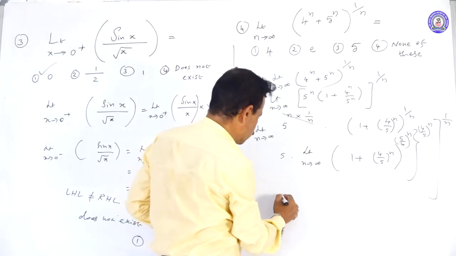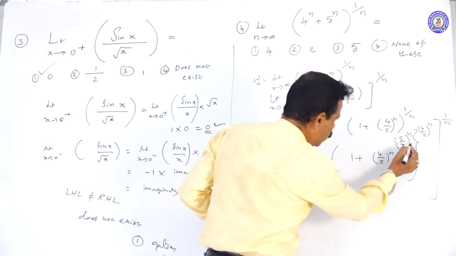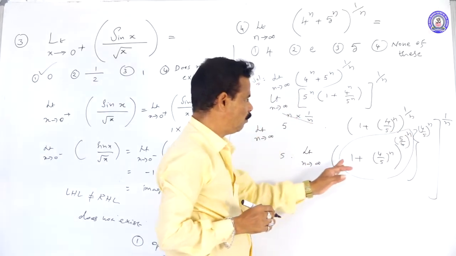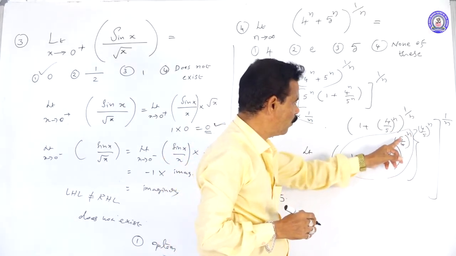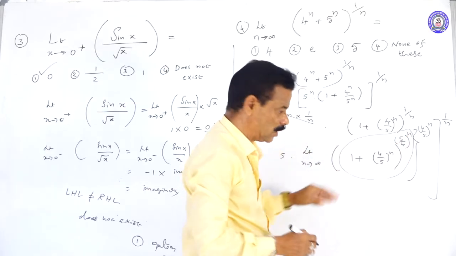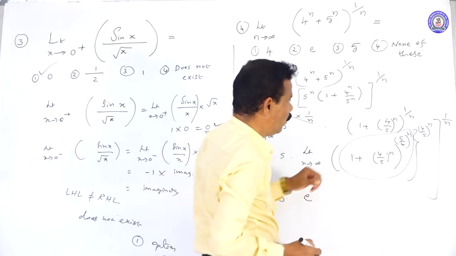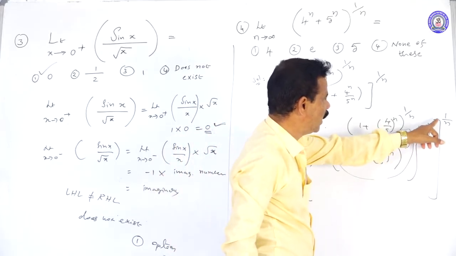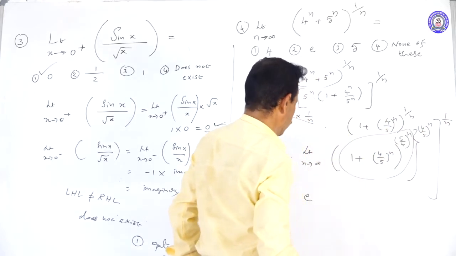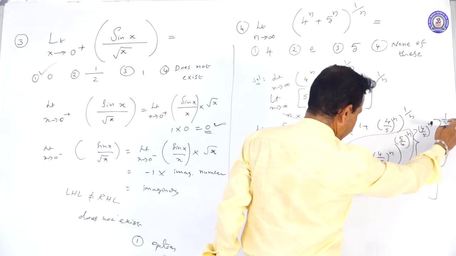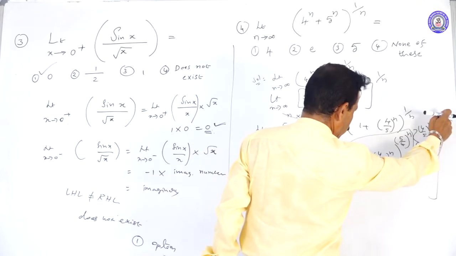So in this case, 5 into 1 plus 4 by 5 power n, power 5 by 4 n. This value is e, we know that. Power here 4 by 5 power n, again multiplied by 1 by n. Anyhow, n tends to infinity, so 1 by infinity is 0.